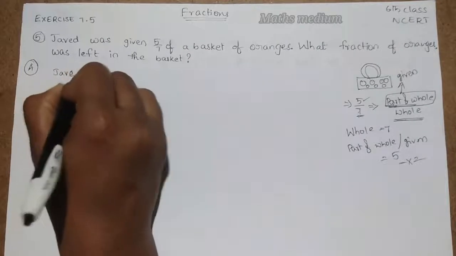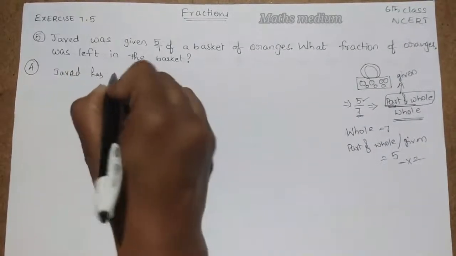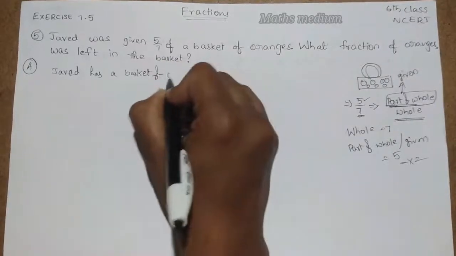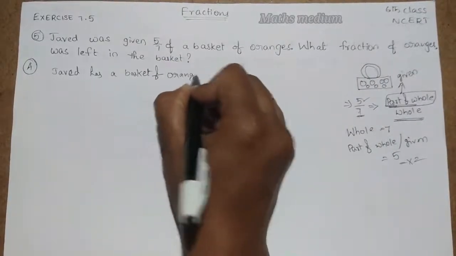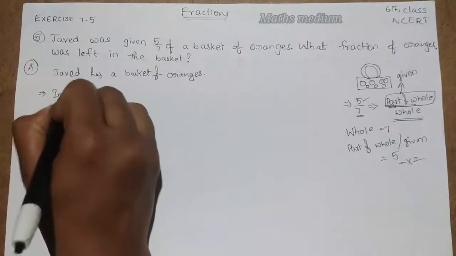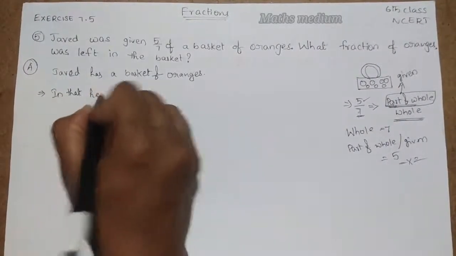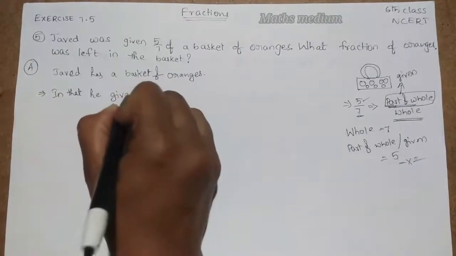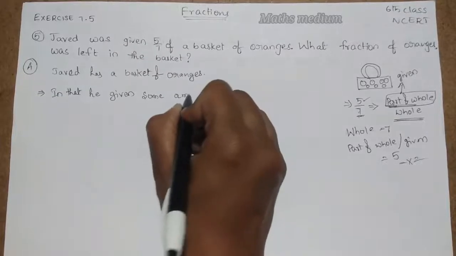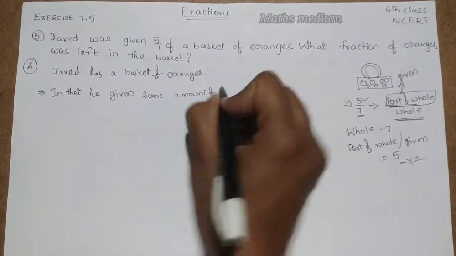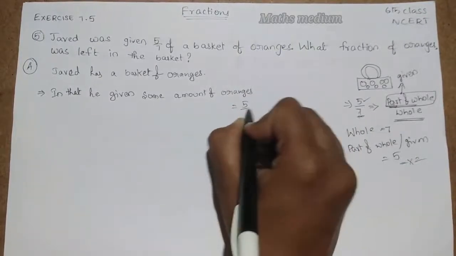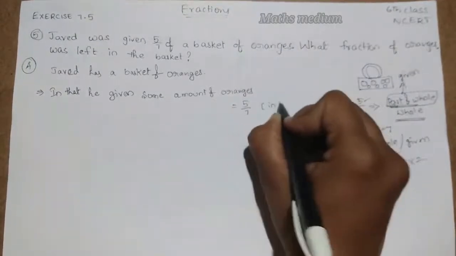Javed has a basket of oranges. In that, he gave some amount of oranges, that is 5 by 7 in fractions.